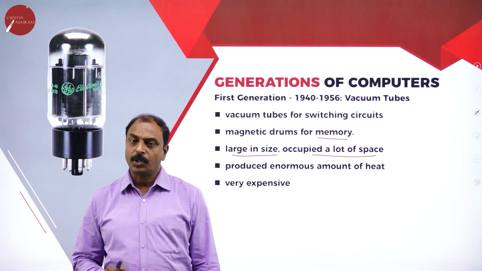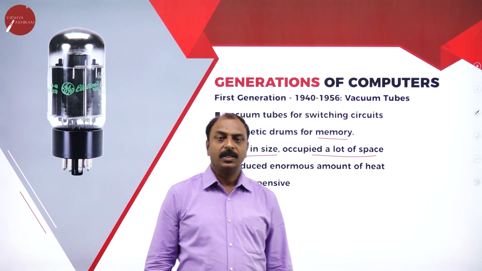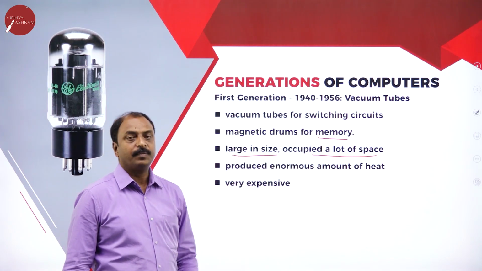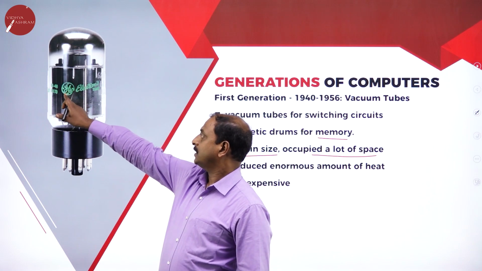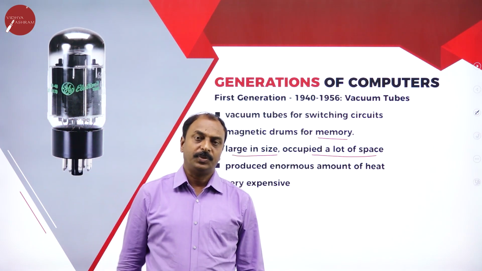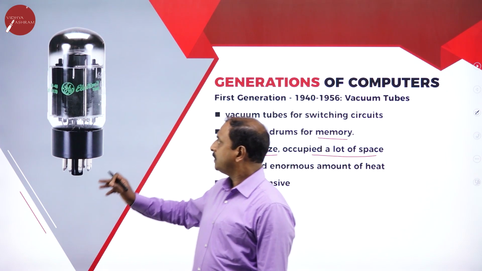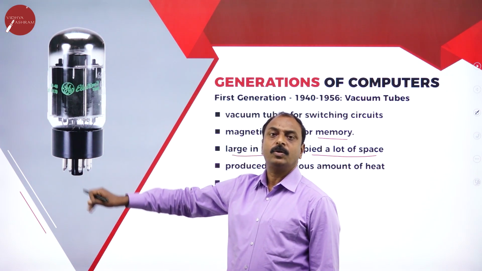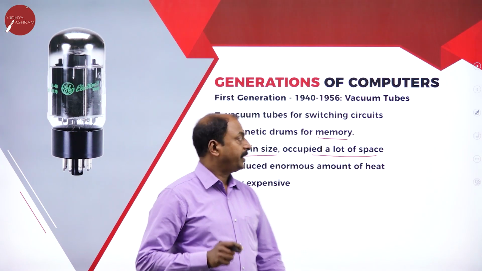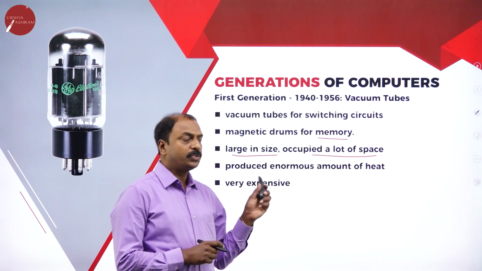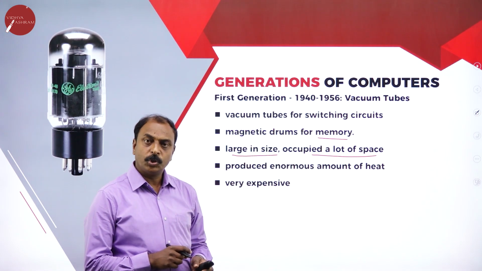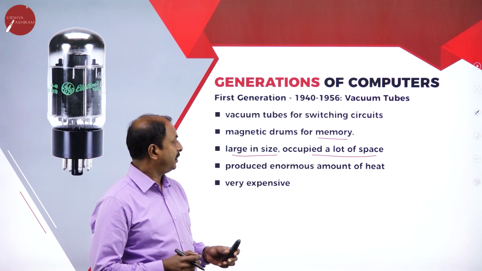It could occupy a whole room for setting up this type of first generation computer. In the first generation of computers, they were using thousands of electric valves or vacuum tubes in their system.